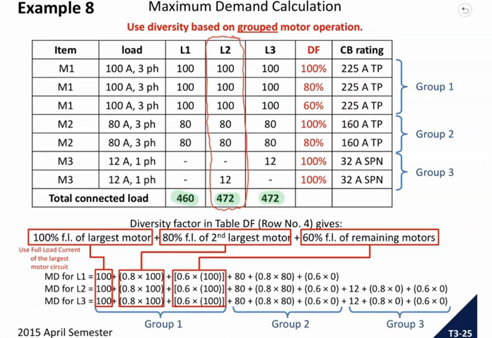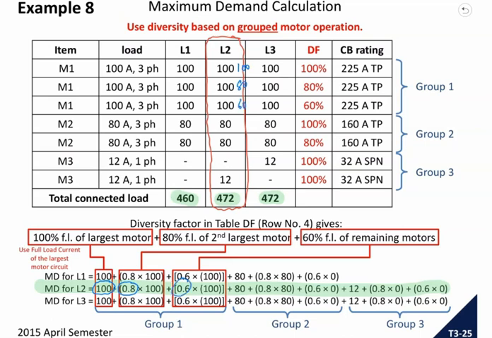So maximum demand for L2 here. First term, 100% of the largest motor, so it's 100. Second one, we take 80%, so we multiply by 0.8. So 100, 80, 60.